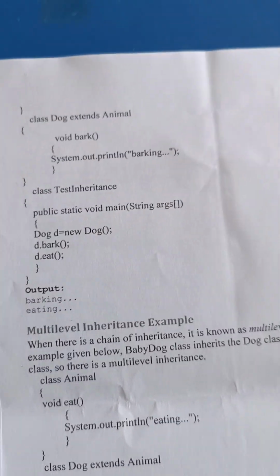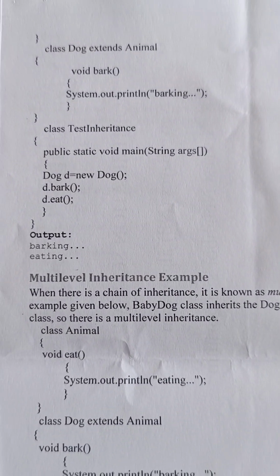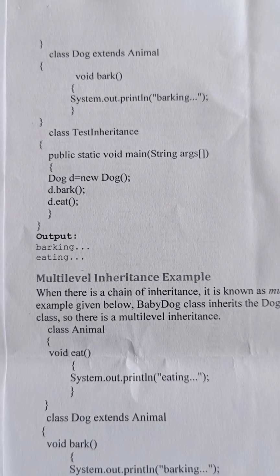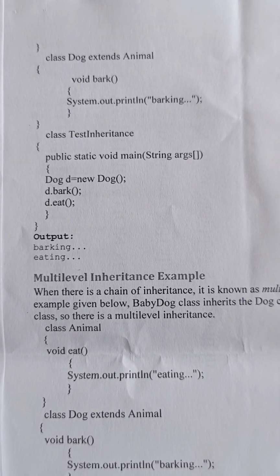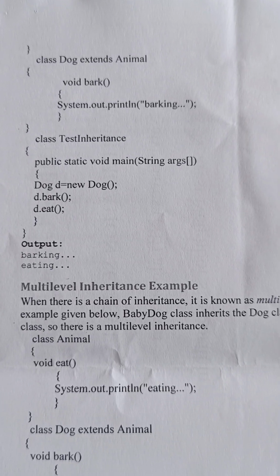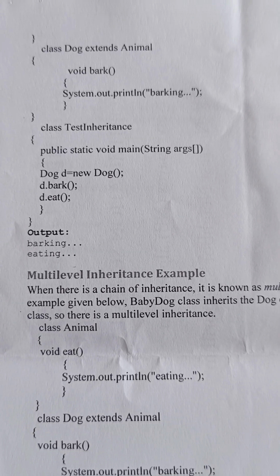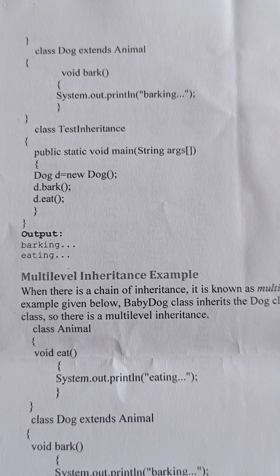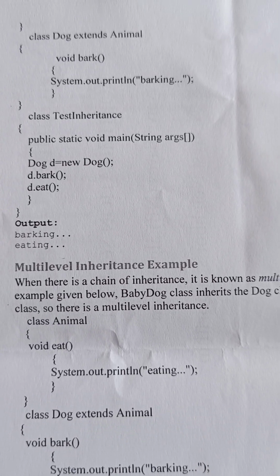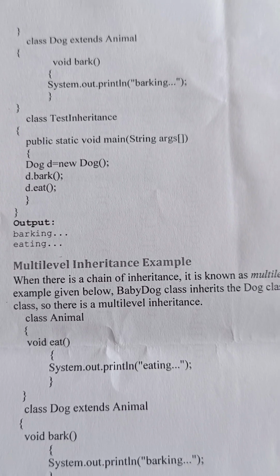This is simple inheritance, having only two classes. Base class is animal and subclass is dog. That is, superclass is animal and subclass is dog. Dog has only one property called bark. Animal also has only one property called eat. Now we are inheriting the features of the parent class, animal, by class dog extends animal.